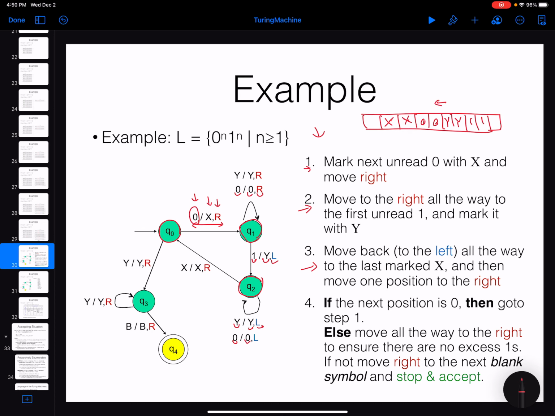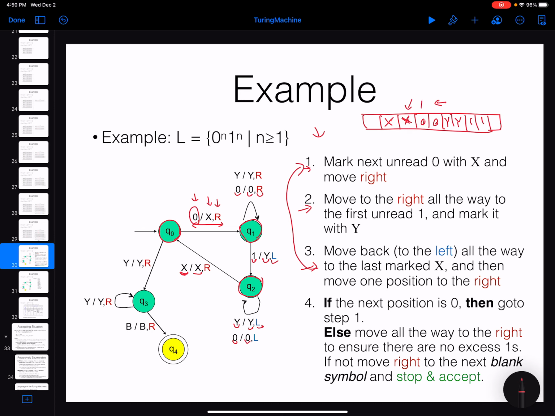You go to the left, and then whenever you see an x, it is telling you that, okay, I have seen the very last x that has been written, right? So it's just like you are going to go back to the very first step, that replace the next 0 with an x. So you move to the state q0, and you don't touch that x, but you are changing the direction.